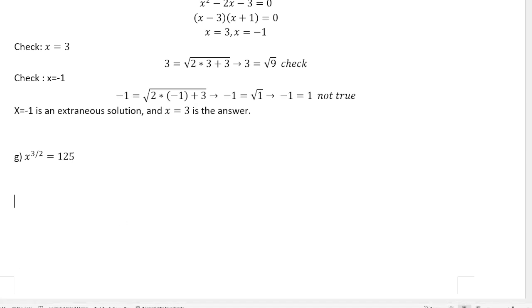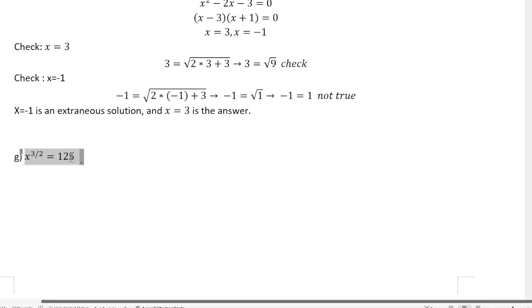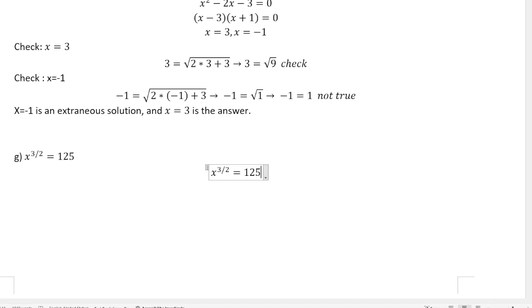Okay, G. When you have a question that uses x to some power equals a number, it's good to express the other number as some power as well.